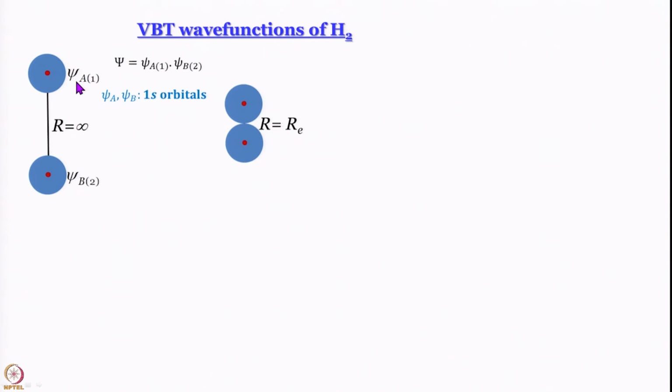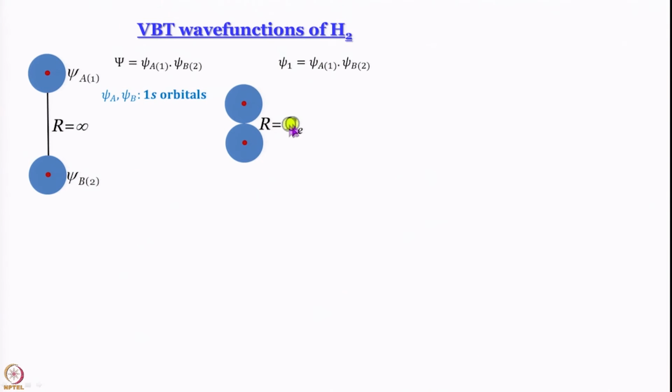Now, what happens when they come close together? Let us say when the internuclear separation is close to the equilibrium bond length. It does not even have to be exactly equal to the equilibrium bond length, just close enough so that this electron experiences that nucleus and the other way around. Then it is not sufficient to write the wave function as psi A1 psi B2, that is only one of the components of the wave function. We write it as psi 1.